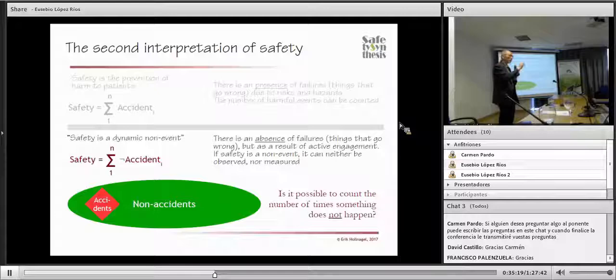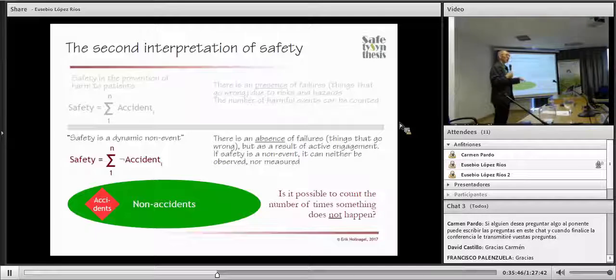So it's a very sensible definition in a philosophical sense. It has a problem. Namely, if you want to count safety, you want to measure safety, and you say safety is the sum of the non-events. And the question is, how do you count how many times something does not happen?